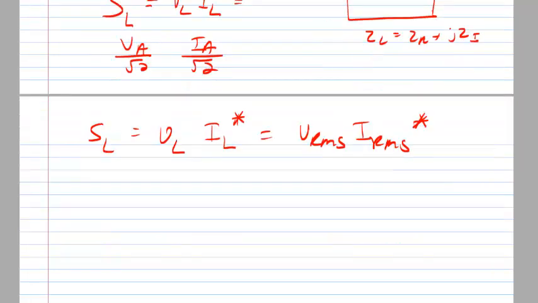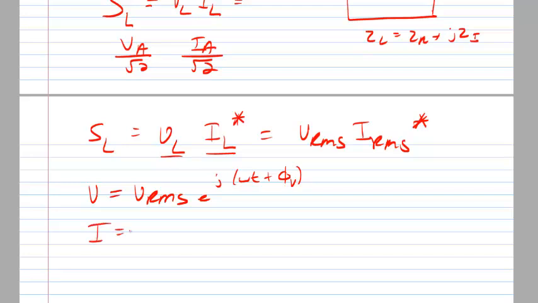Let's break this out a little bit. Our voltage, we said, is VRMS, and really I should say that these are phasors, right? So it would be VRMS e to the j omega t plus a phase of the voltage, and the current would be IRMS e to the negative j omega t plus a phase of the current. And it's negative because we're doing the complex conjugate.